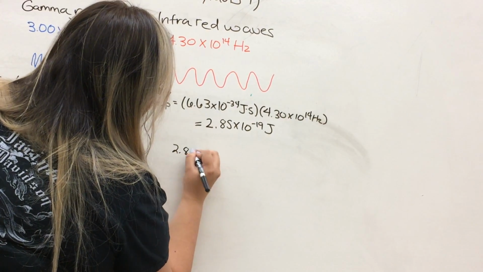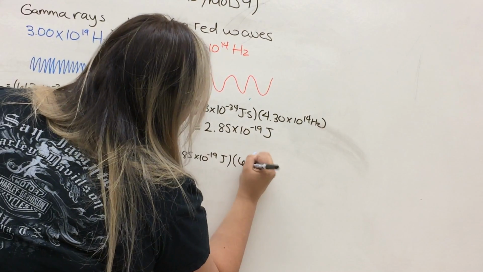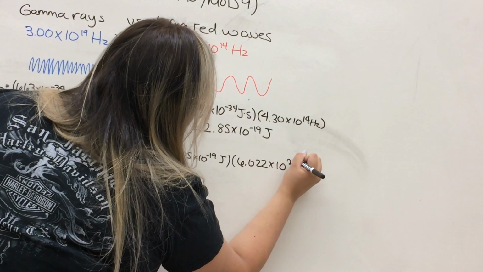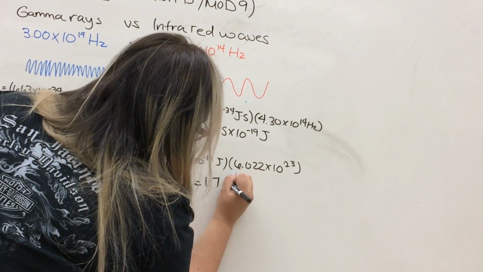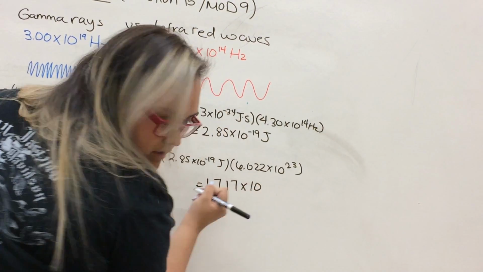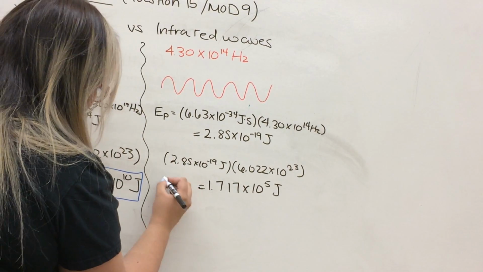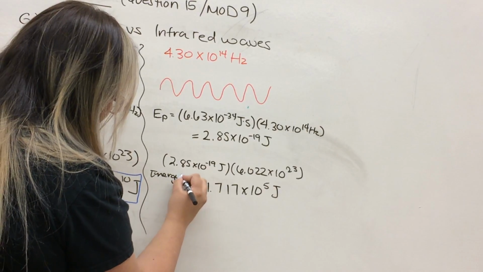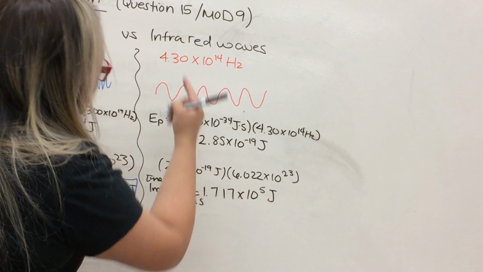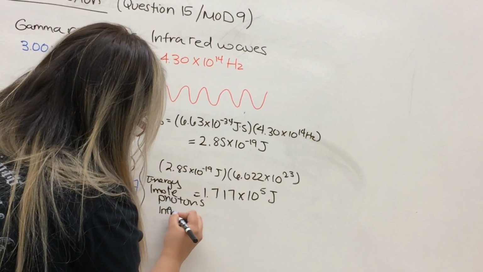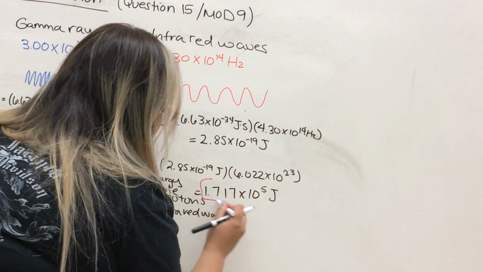So we take 2.85 times 10 to the negative 19 joules times Avogadro's number, and that gives us 1.717 times 10 to the 5 joules. So this is the energy for 1 mole of photons of the infrared wave. I'll box this in.